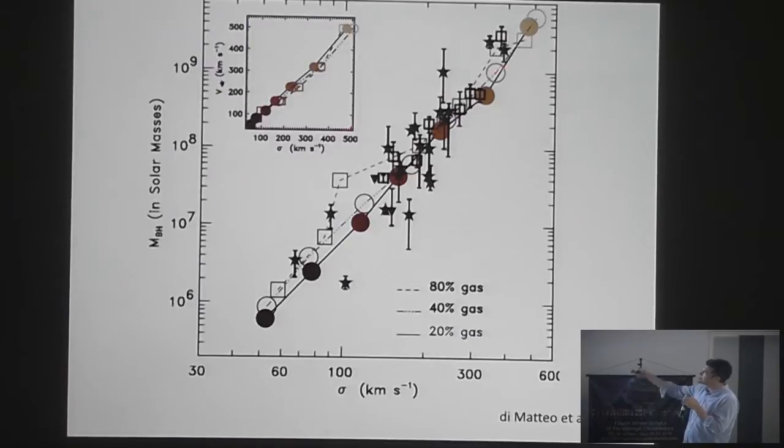With reasonable assumptions, you can come away with something that looks like the correlation from the simulation. And so that was pretty successful in saying, okay, we can do that. It may not be fundamental in understanding the physics of how you get the gas to the center and so forth, but it seems that it just kind of comes out naturally.